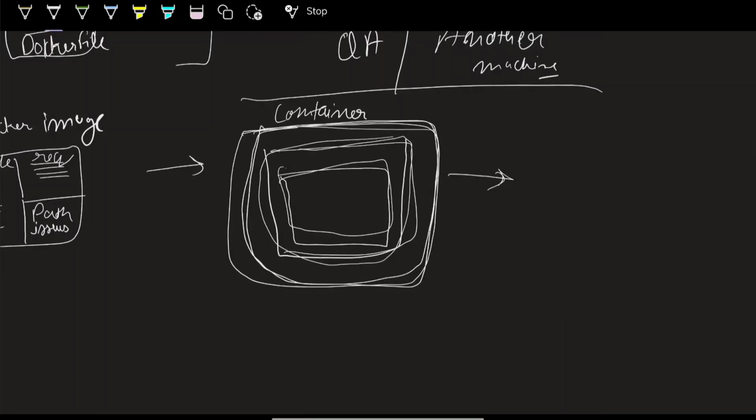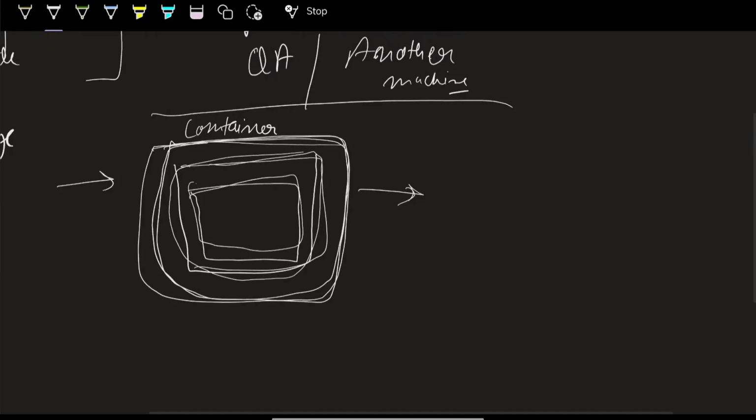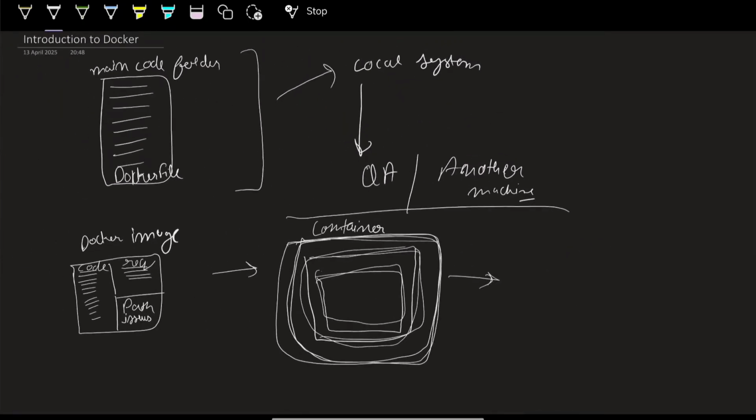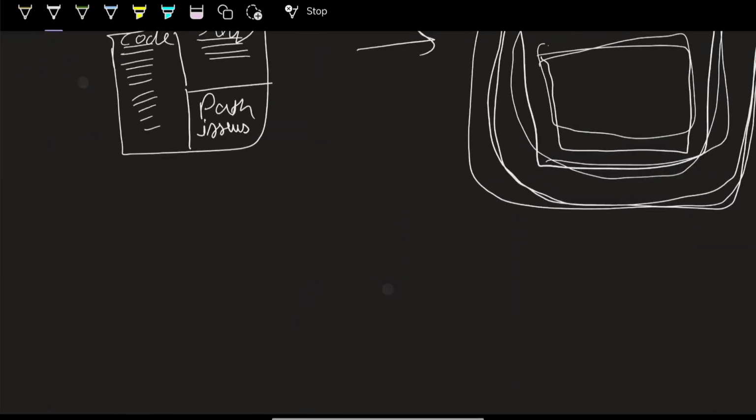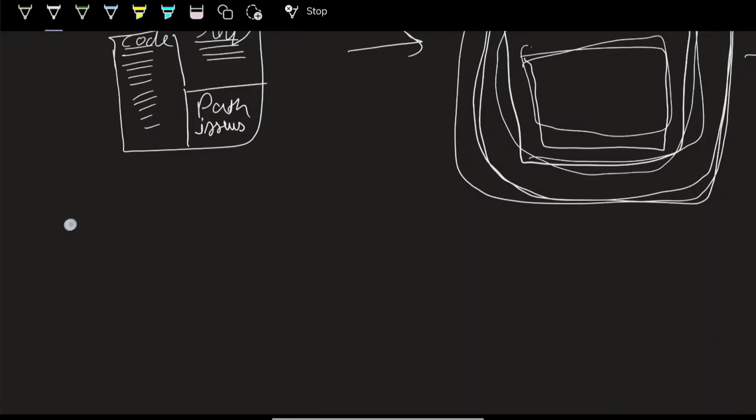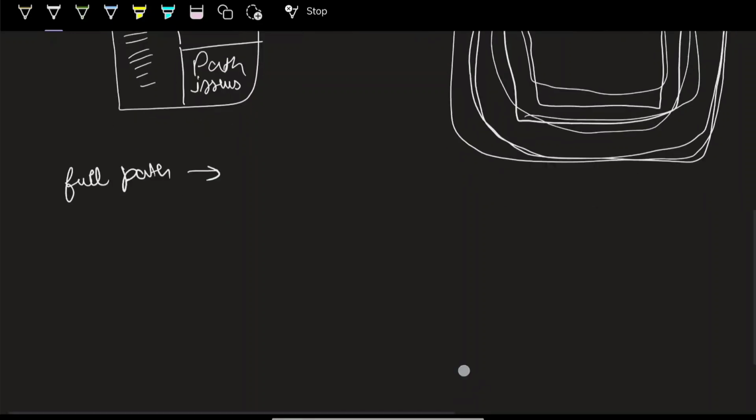Because all the foundation of your code is in this container, you avoid dependency issues. See here, some people use a full path. Let's say one person has an Ubuntu machine, so they will use a full path like /home/ubuntu and then the project files.